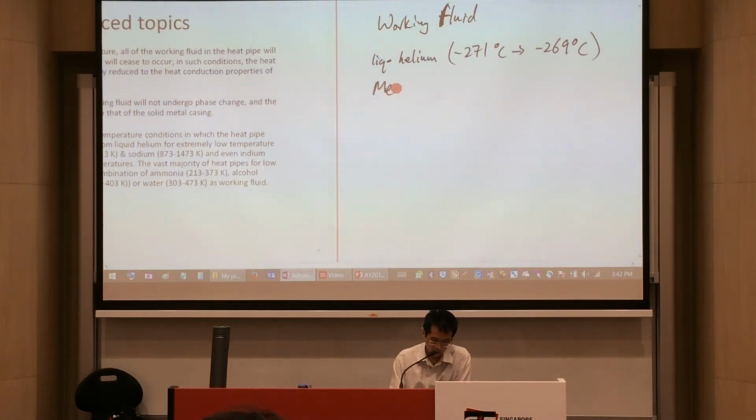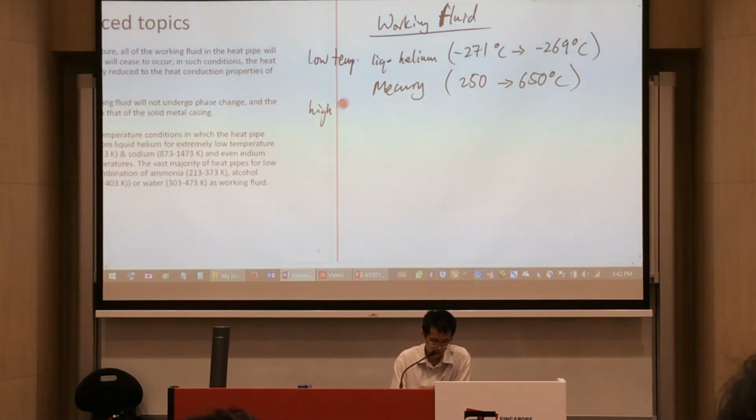So if you look at other fluids that are out there, like mercury, it would have the range of 250 to 650 degrees Celsius. And obviously this is high, so the previous one is for a low temperature application, and mercury is for high temperature application.